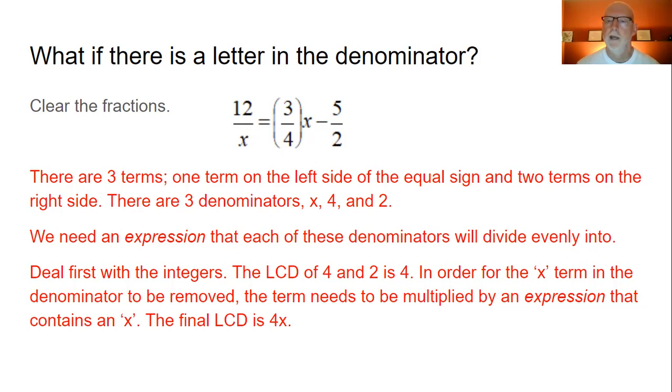In order for the x term in the denominator to be removed, the term that we're going to be multiplying every term by needs to be multiplied by an expression that contains an x. So take that x that we need and multiply it by 4. So our least common denominator here is 4x. It's the smallest expression that x, 4, and 2 will divide evenly into.